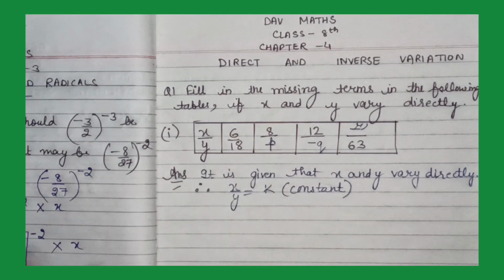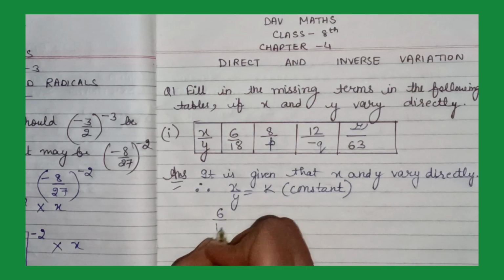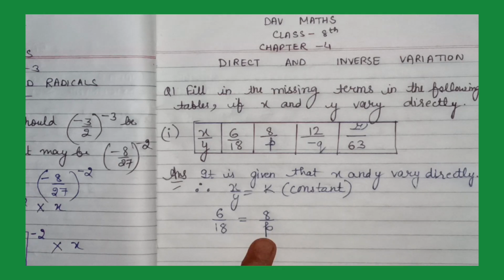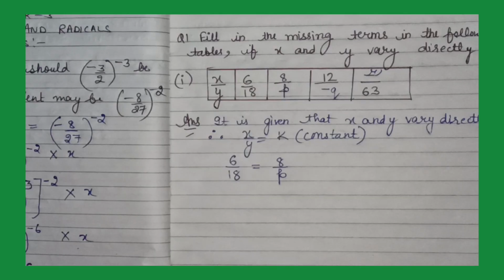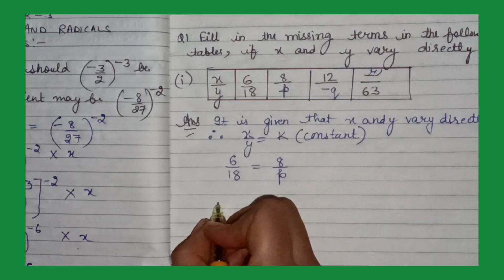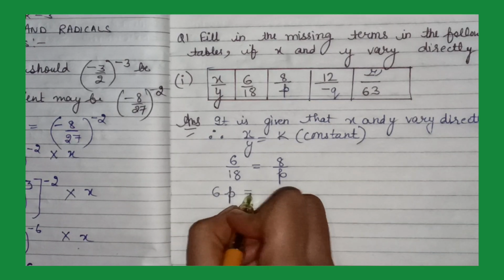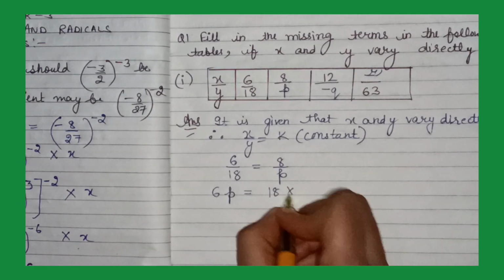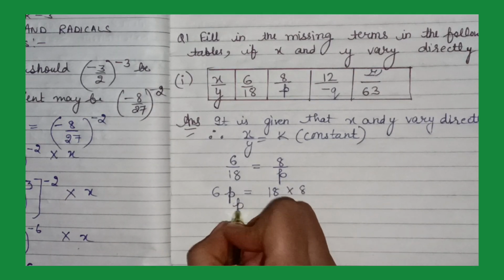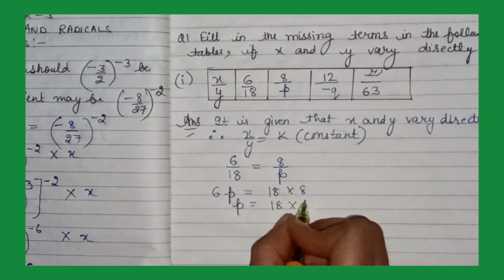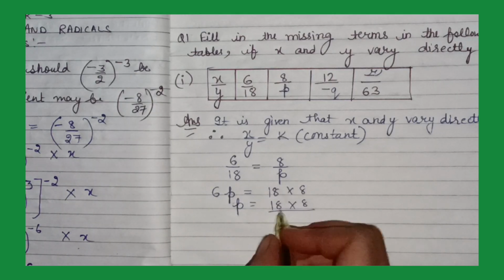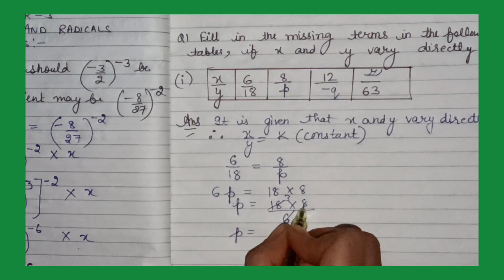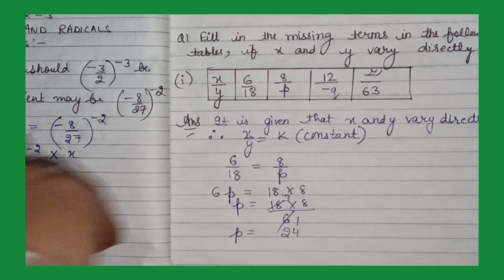I take these two values from here and write 6 upon 18 is equal to 8 upon P. By cross multiplying, 6P is equal to 18 multiplied by 8. P is equal to 18 multiplied by 8 upon 6. 6 1s are 6, 6 3s are 18, 8 3s are 24. The value of P is 24.